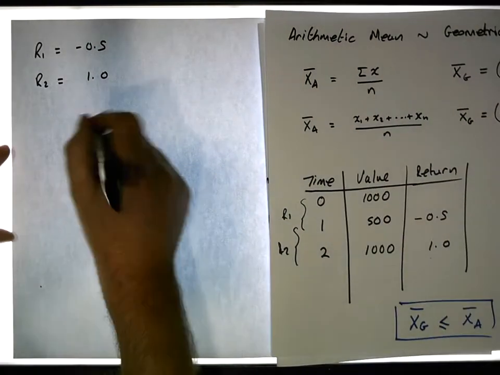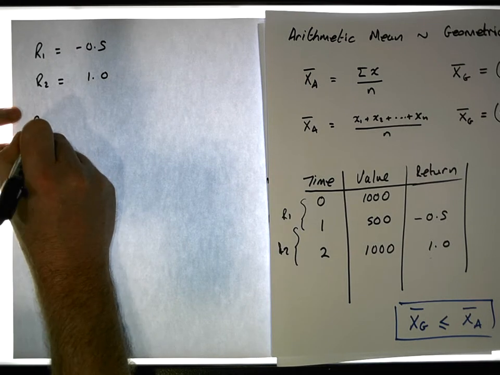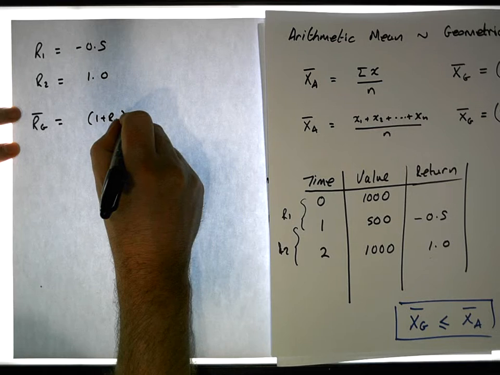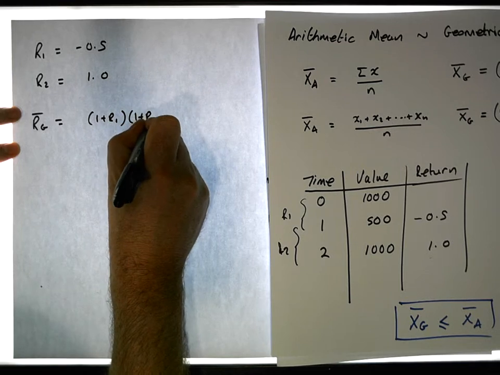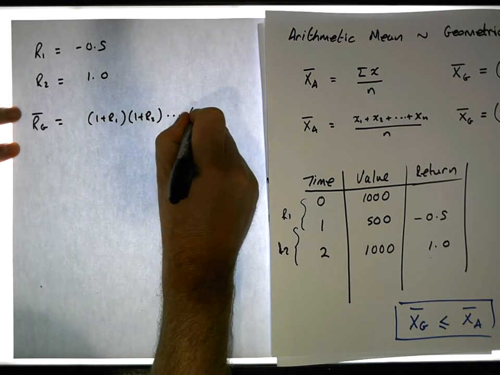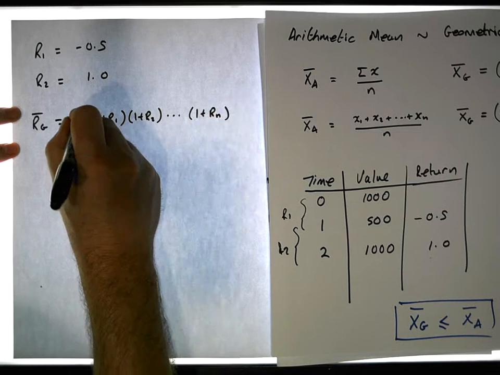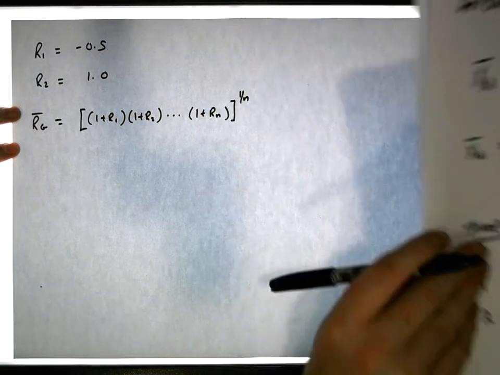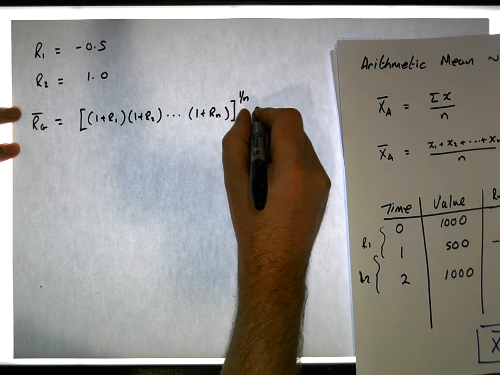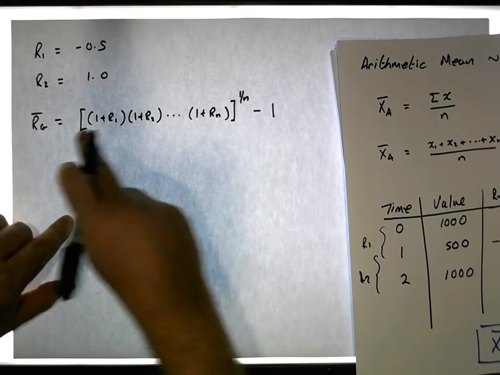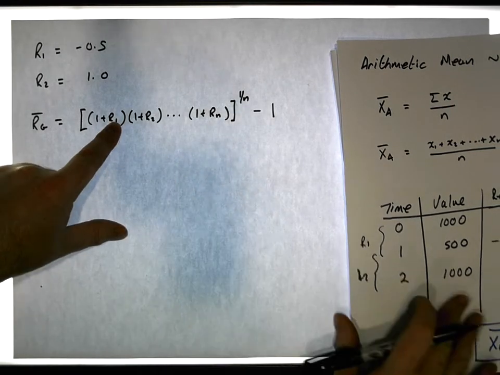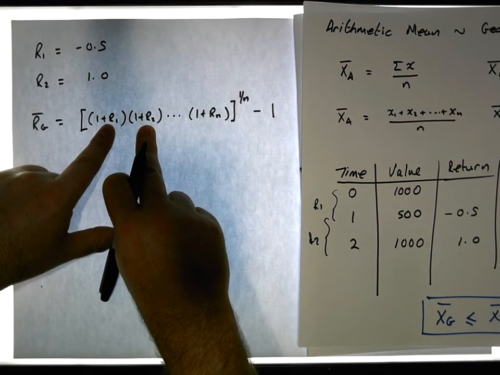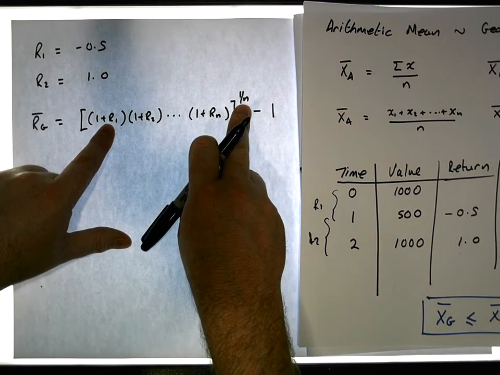What I've said is that the geometric return is 1 plus R1 times 1 plus R2 all the way through times 1 plus Rn, raised to the power of 1 over n, the nth root, minus 1. It's this value here. Depending on how many returns we have, in our case we've only got two of them, R1 and R2, so we just need to calculate this raised to the power of 1 over 2, and we need to take 1 away from it.